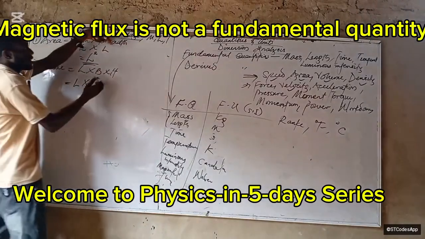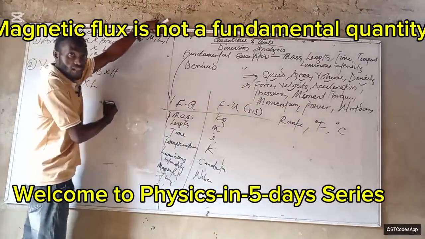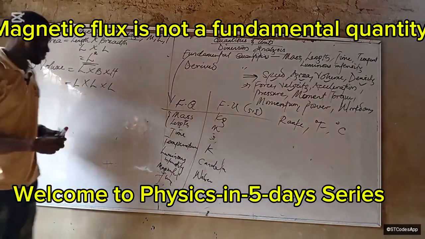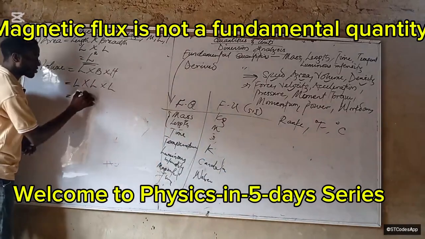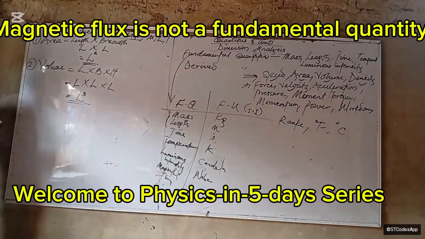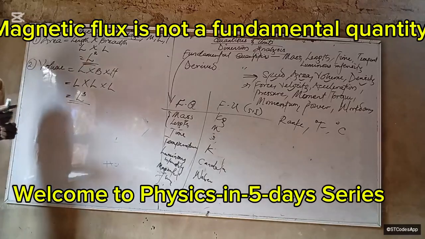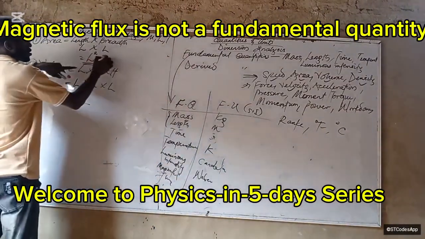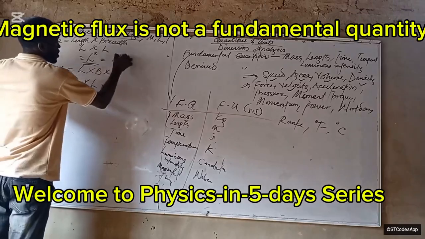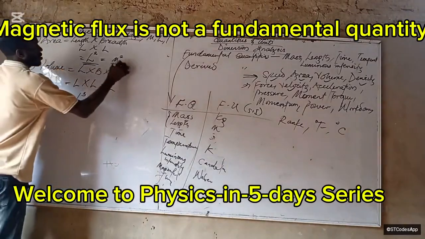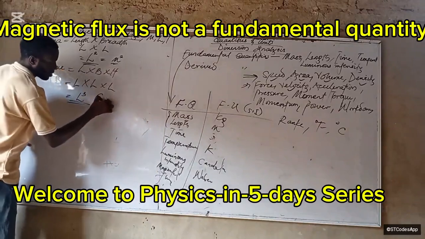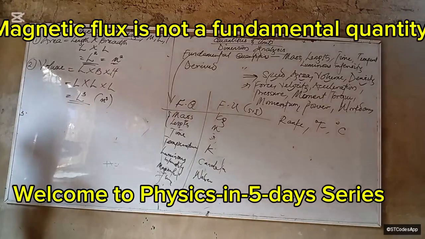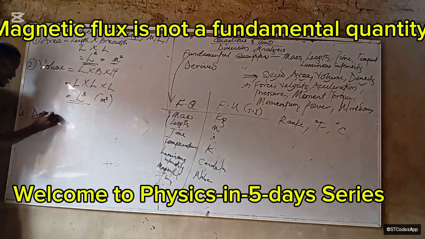Degrees Celsius is also called degrees centigrade. So we also have luminous intensity, whose unit is candela. Then magnetic flux is not a fundamental quantity.